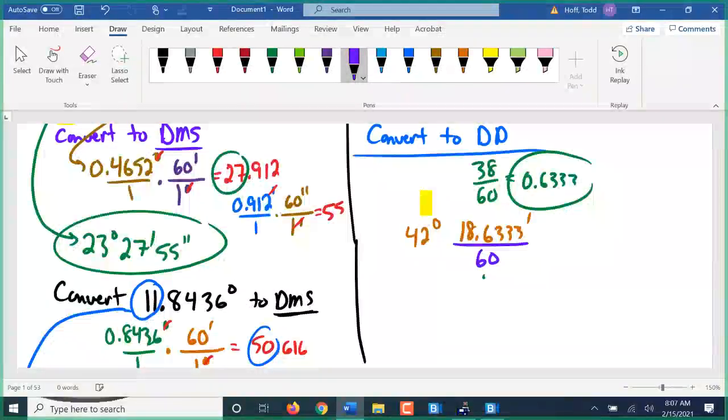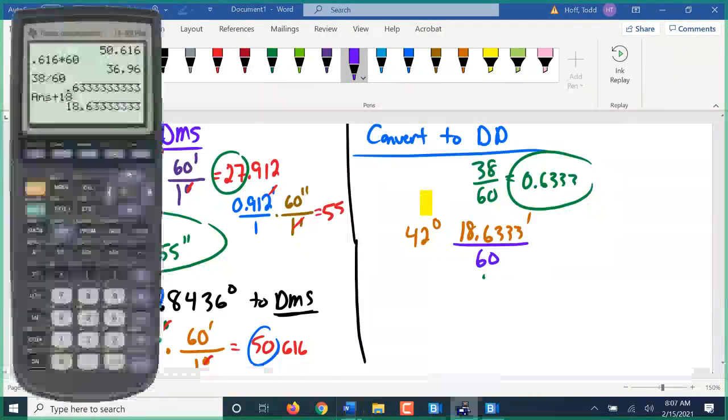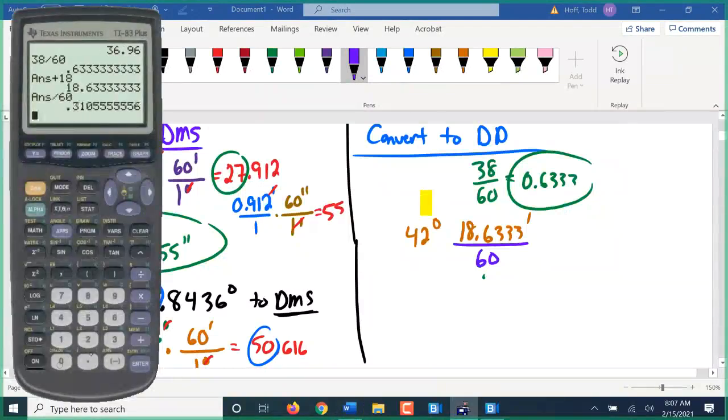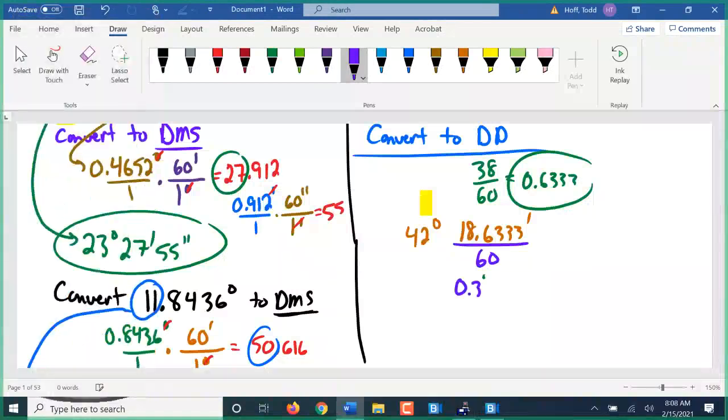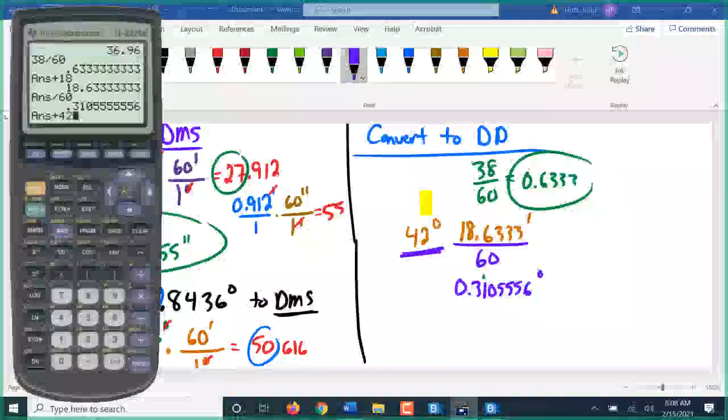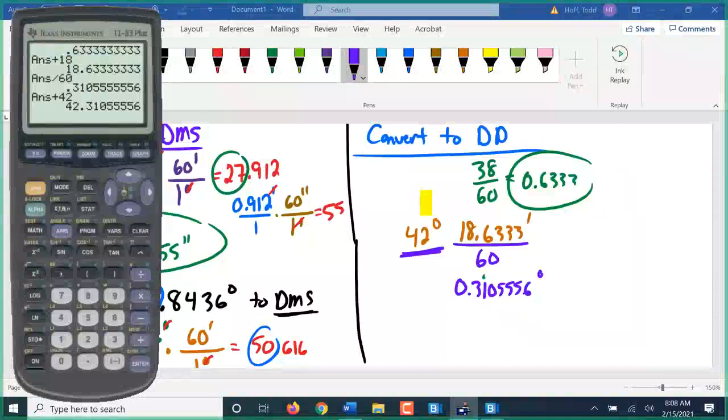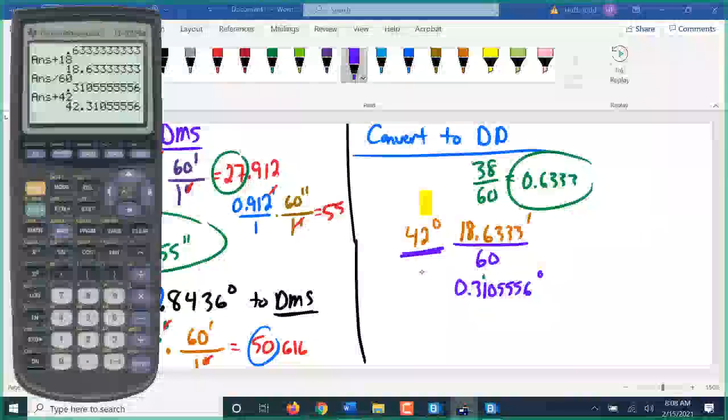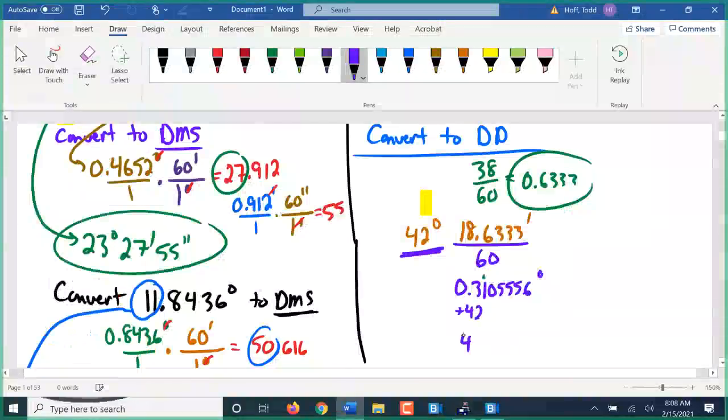I'm going to divide by 60 to turn that minutes into degrees. 0.310555555. That's degrees, and I'm going to combine that with my 42. And there it is, 42.31055555.